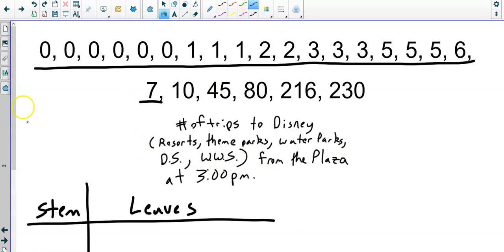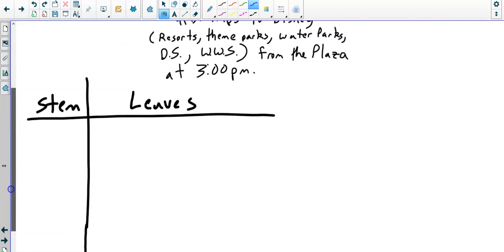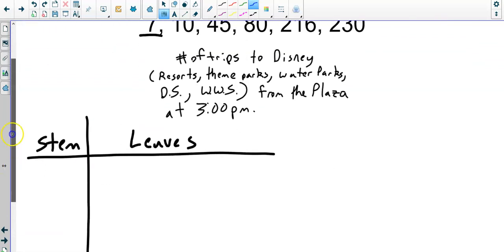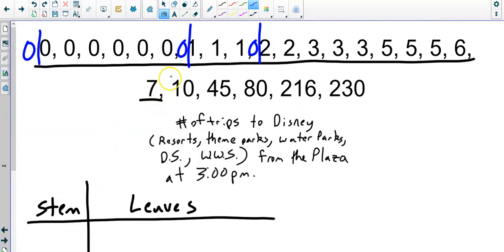These are all the rightmost number. So what is the number in front of 0 here? 0. This is the rightmost number. What is the number in front of 1? 0. This is the rightmost number. What is the number in front of 2? 0. And the trend continues. This is why having your data in order makes things a whole heck of a lot easier for you, because we can actually look at it. So we know that one of our stems is 0.